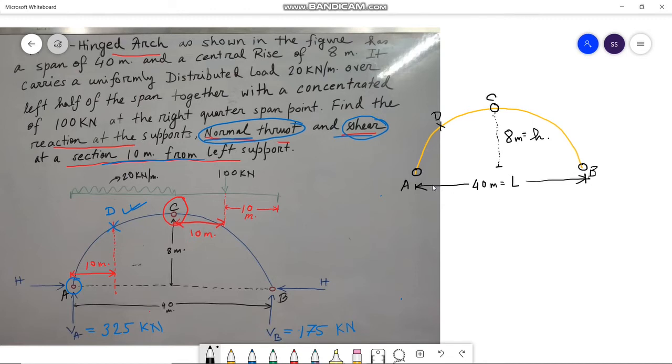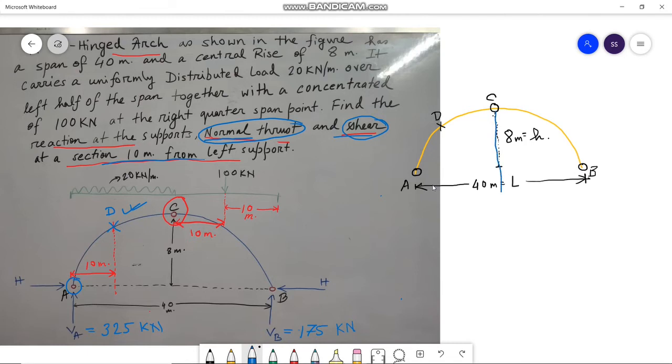So this circular arch is a part of a circle. So this circle has a center. Let us look at the center of the circle.